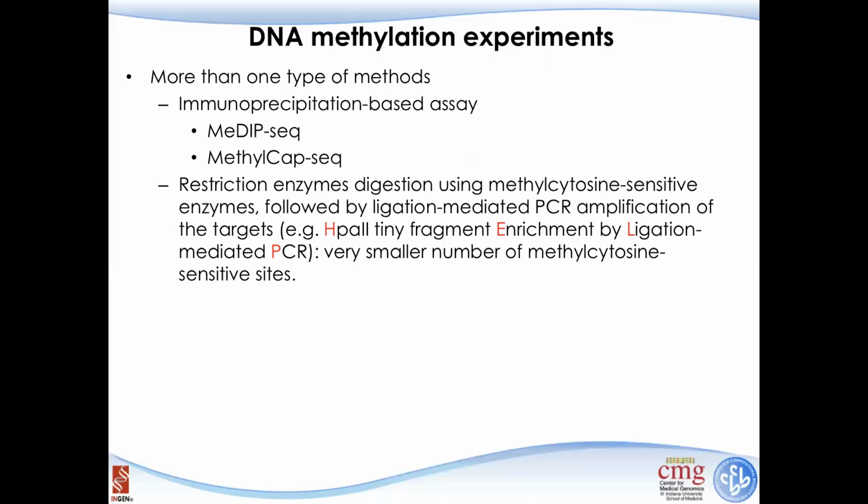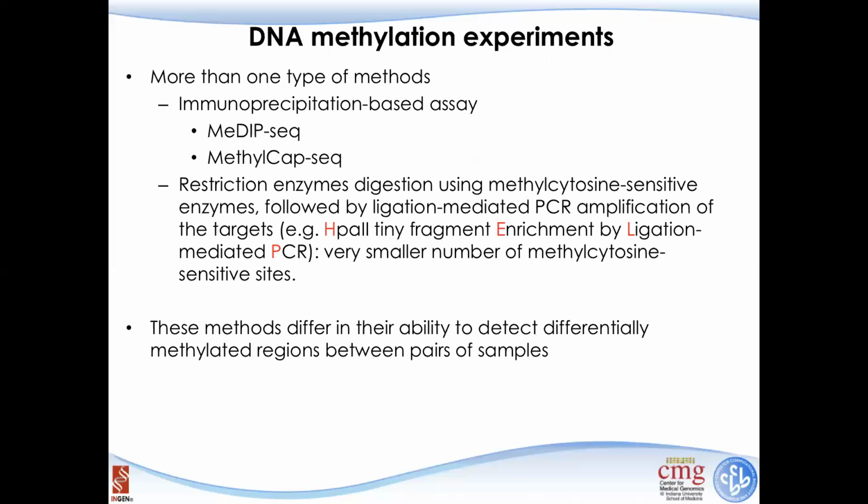They try to get a restricted region, not the whole genome, but the challenge of those technologies is that a very small number of cytosine sensitive sites can be achieved. I don't remember the number, but I know it's a very small number. So that's the reason why people switched to other DNA methylation experiments. And one more thing I have to mention is that this method is very limited in its ability to detect the differentially methylated region between pairs of samples.